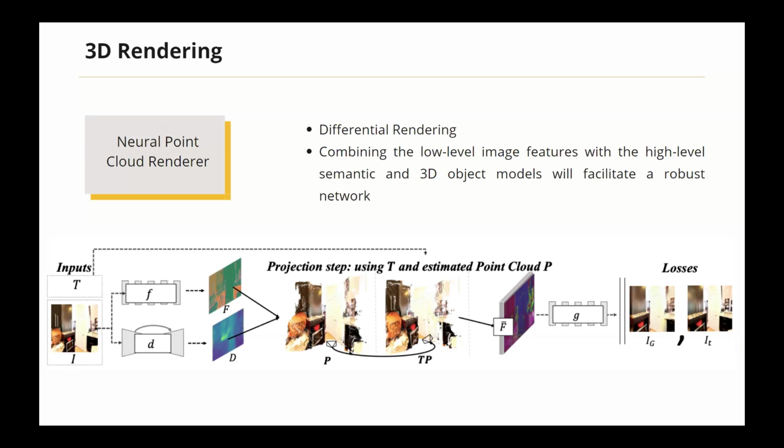Something about our renderer: it's a differentiable rendering. It is a process which allows the gradients of 3D objects to be calculated and propagated through the images. So it helps in retaining the specific intrinsic 3D information.